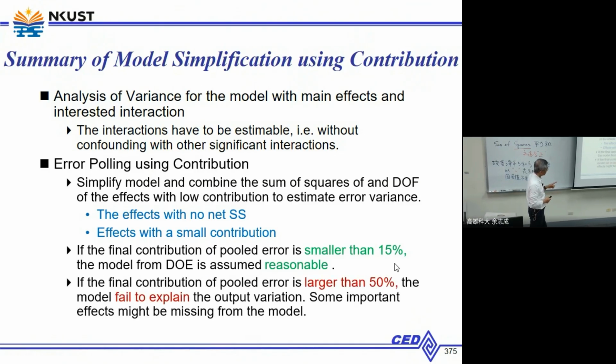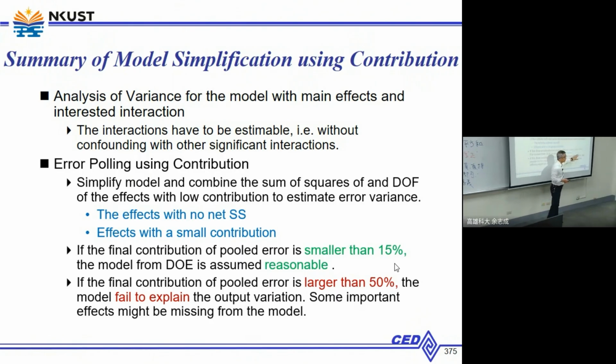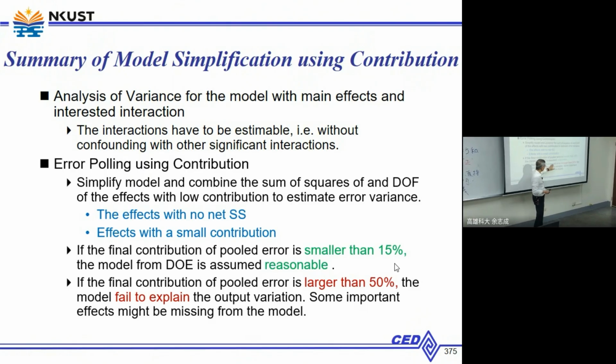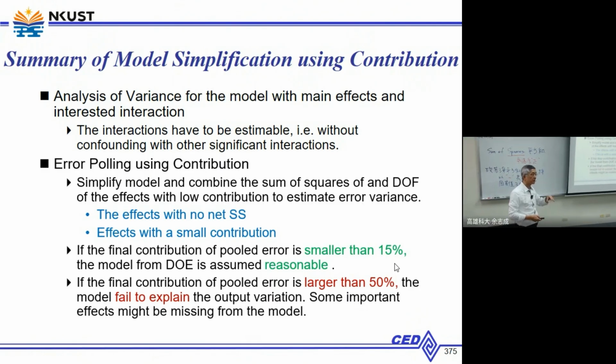But if the error percentage is larger than 50%, then your model is no good. All right? If your error percentage is larger than 50%, then your model failed to explain the output. Your model is wrong, and the optimum design you infer from it is probably 80% wrong too. What is the reason?